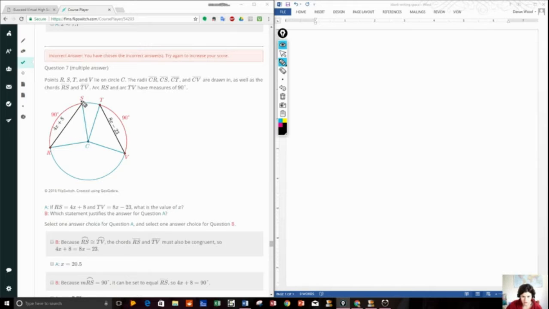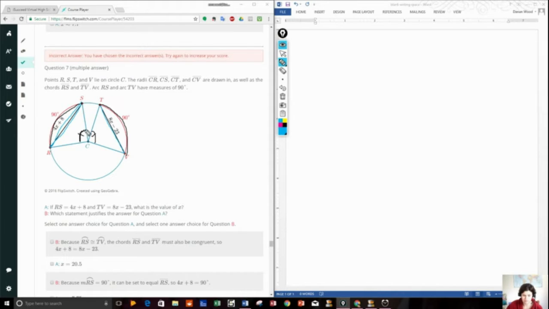Okay, well, we know that the arcs are the same. So since we know that the arcs are the same, we also know that the central angles would be the same. And since the central angles would be the same, we know that the chords would be the same or have the same value.